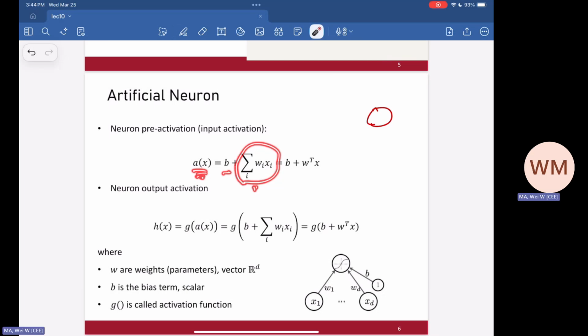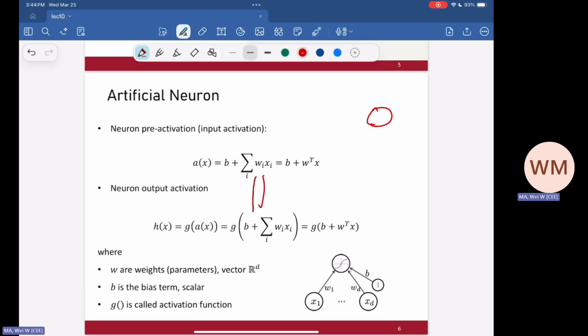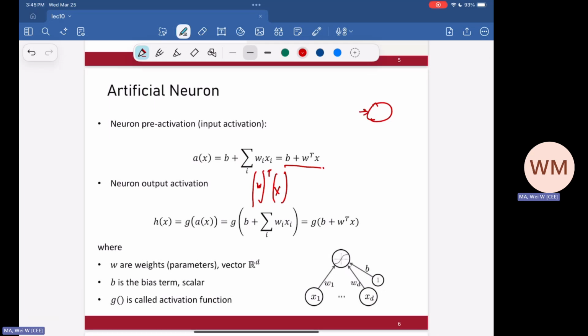The weighted sum, the W, you can write as a vector, and then W times X can be written like this: b plus W transpose X. We call this the pre-activation.